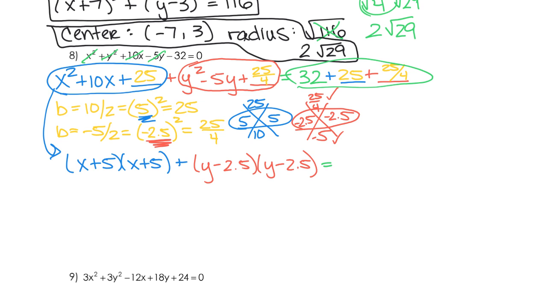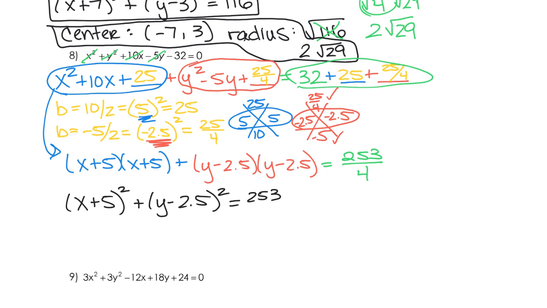If you do get a decimal for this one, you are going to want to math frac it, all right? And so when you math frac what you get, it's 253 over 4. And I'll show you guys why you want to fraction that, okay, in a second. All right, so now we are ready for our last step where we write this as x plus 5 condensed, so it's all squared, plus y minus 2.5 all squared, equals 253 over 4.